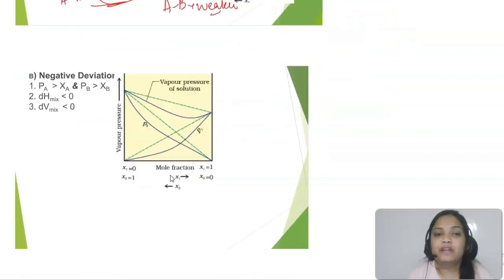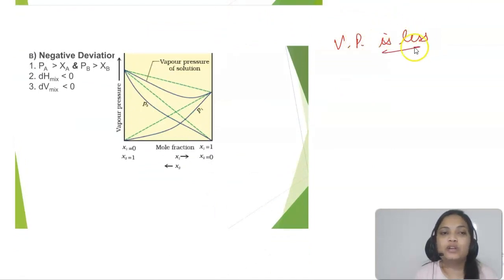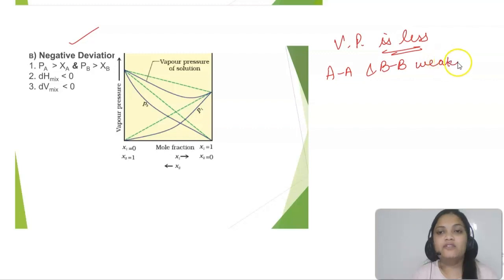Now, I told you two cases. If the vapor pressure is less than what is predicted by Raoult's law, then it shows negative deviation from the ideal behavior. Okay. Now, in this case, what will happen? The AA or the BB interactions would be weaker than the solute-solvent interactions.